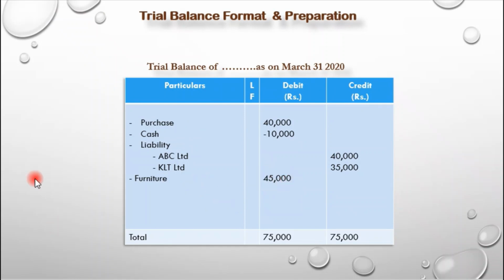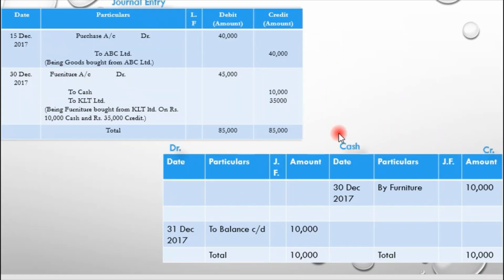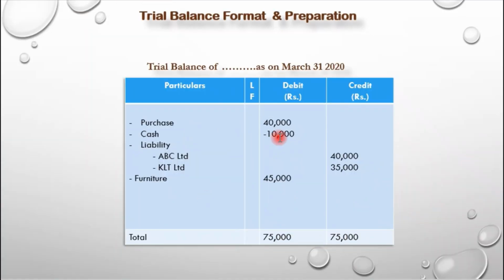Now coming to the next point, that is cash book, or cash account. The cash account balance is appearing as a credit balance. So you have to put the credit balance on the debit side with a minus amount. Why do you have to put it as a minus amount?